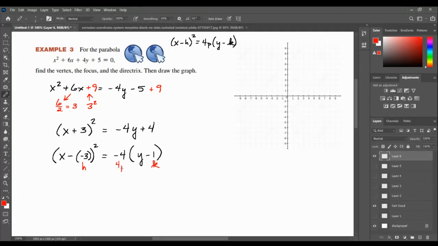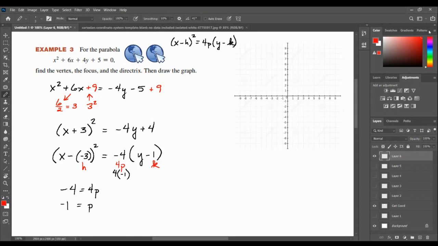This is 4p. I need to solve for p. So I'll set -4 equal to 4p. Divide both sides by 4, and p is -1. So I could rewrite this as 4 times -1. So now I've got p there.